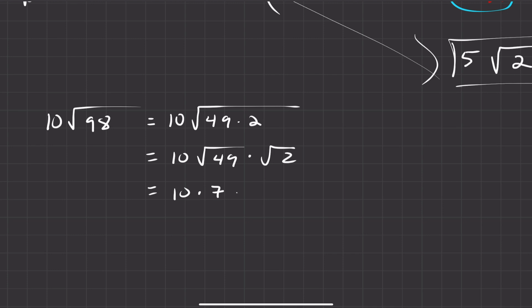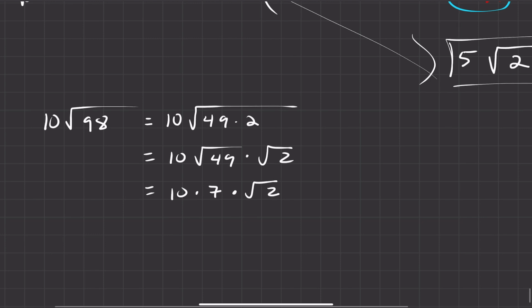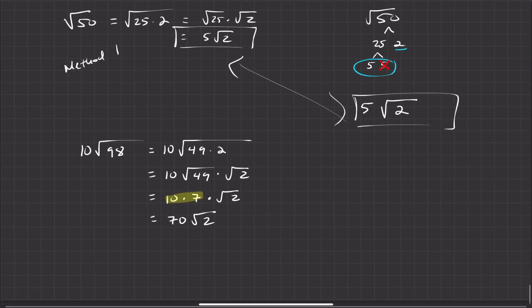So 10 times 7 times root 2, and I'm going to multiply these coefficients here, okay? So I multiply the numbers that don't have a square root, so 10 times 7 is 70 root 2. So 70 root 2. So that's method 1.